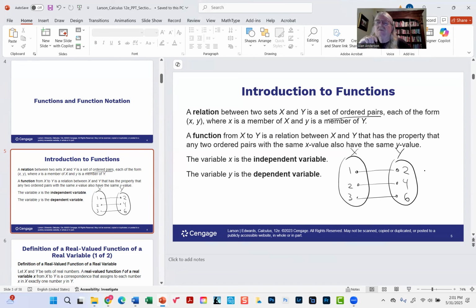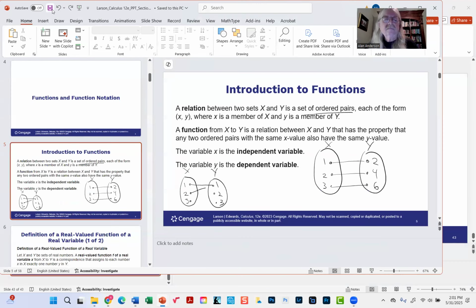Let me show you a couple of other cases where they are not functions. So this one is not a function because if you notice x equals 1 is associated with both y equals 1 and y equals 2. So this doesn't work.